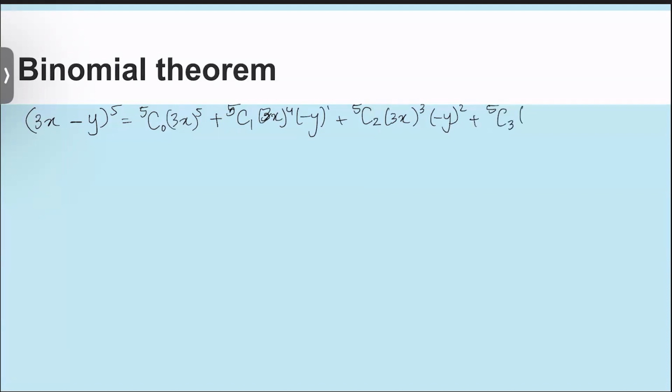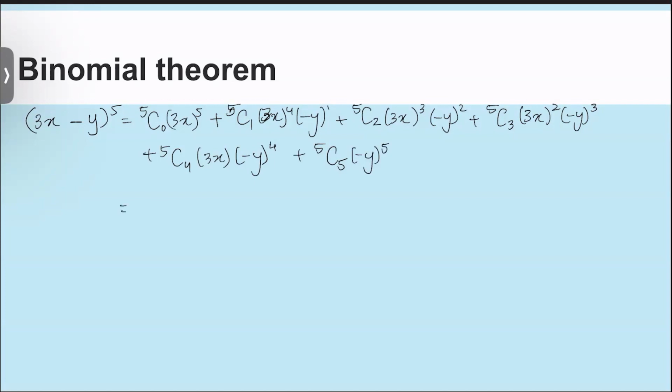Okay, and you will have 3x squared minus y cubed plus 5C4, 3x multiplied by minus y raised to 4. And the last one will be 5C5. You will have only minus y over here, minus y raised to 5.